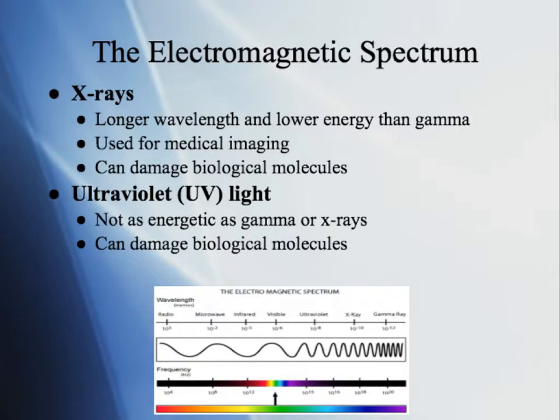The next on the electromagnetic spectrum is the X-rays. They are longer in wavelength and have a lower energy than gamma rays.